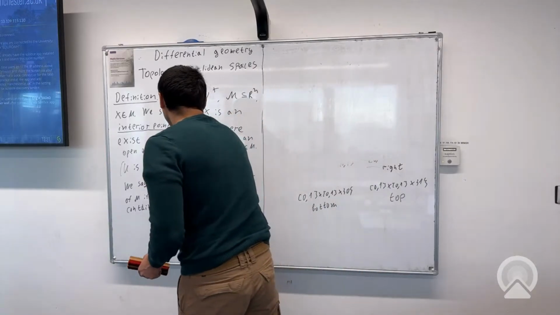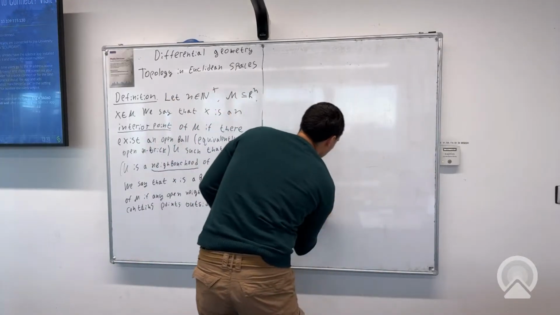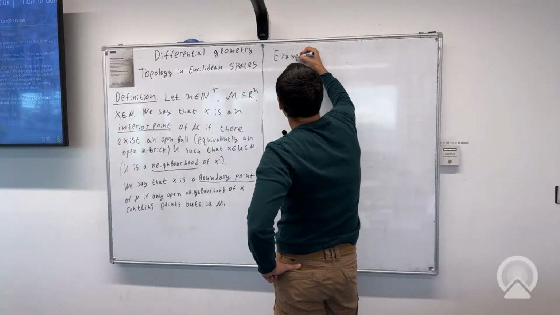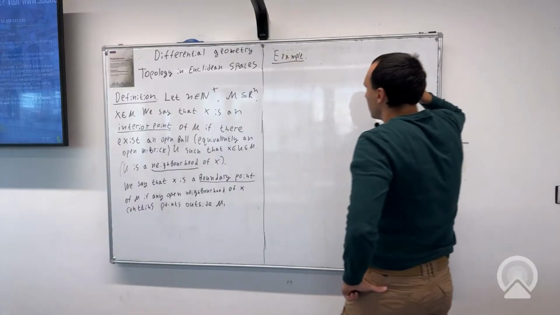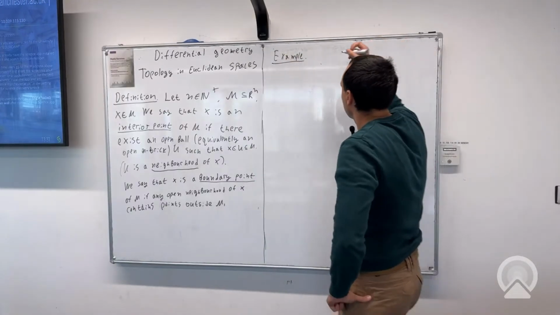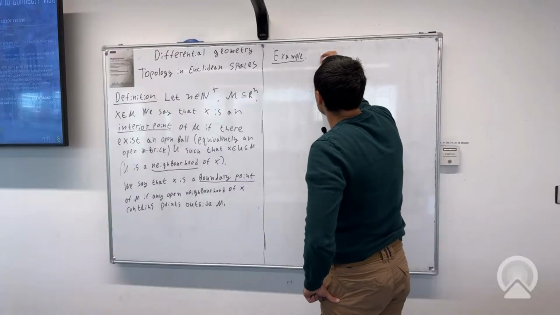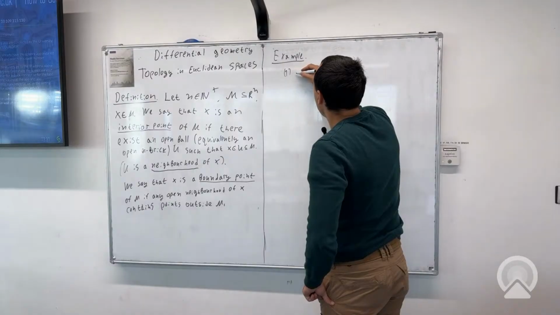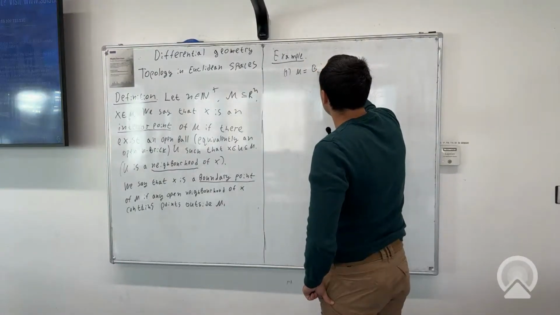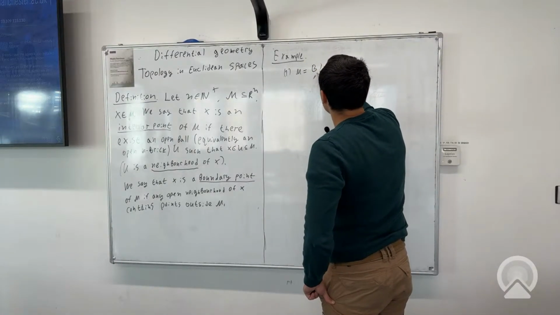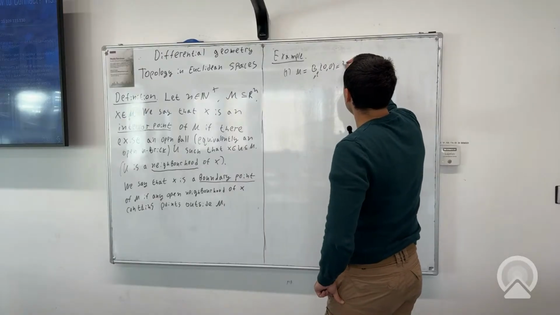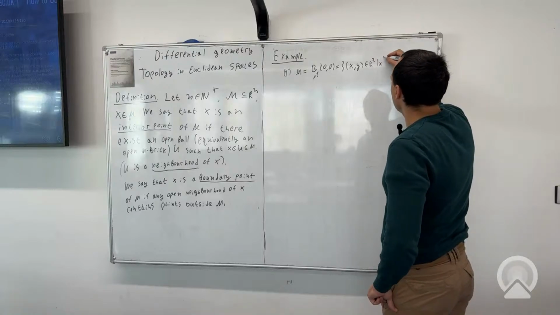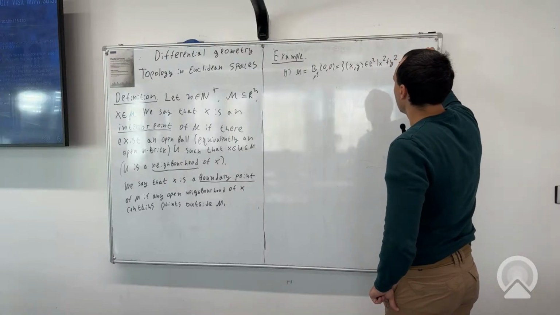Now let's give an example. Let's give a 2D example, why not? So consider first that M is the unit ball. This is the set of points x, y in R squared, such that x squared plus y squared is less than 1.